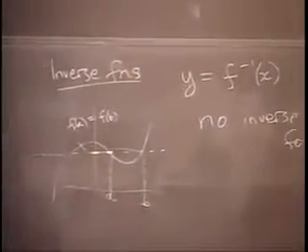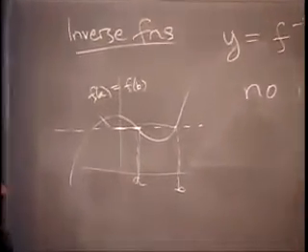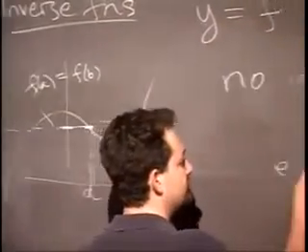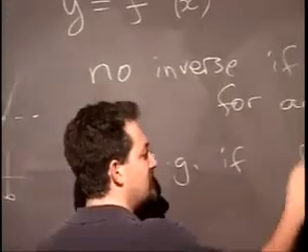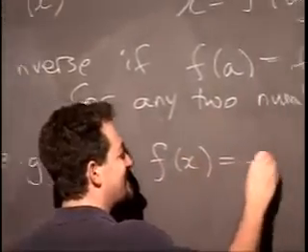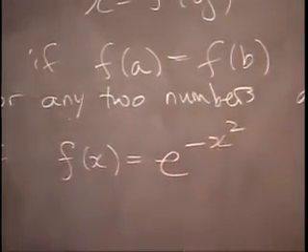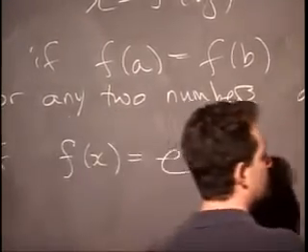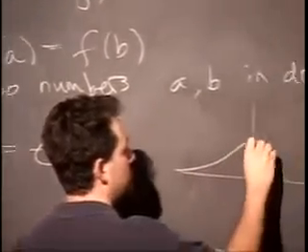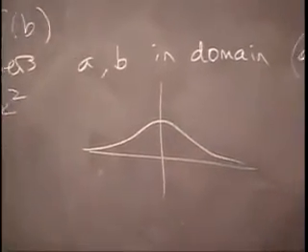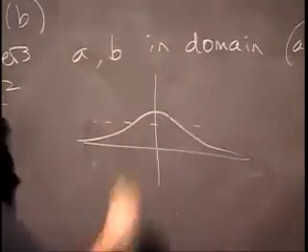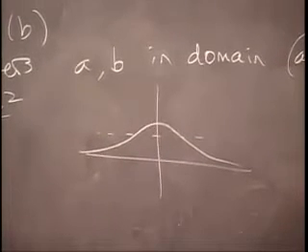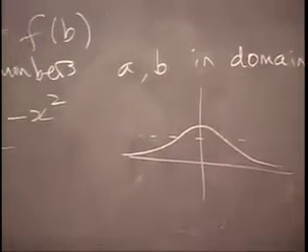Now, it's amazing how few functions actually satisfy that. For example, if f of x is, say, e to the minus x squared, that's actually a bell-shaped curve if you were to plot it. And you can see that it fails the horizontal line test. But how do you know that if you don't know what the graph of this thing looks like?